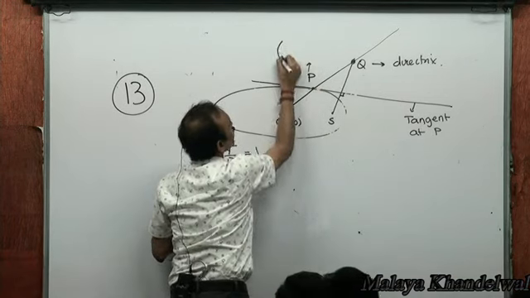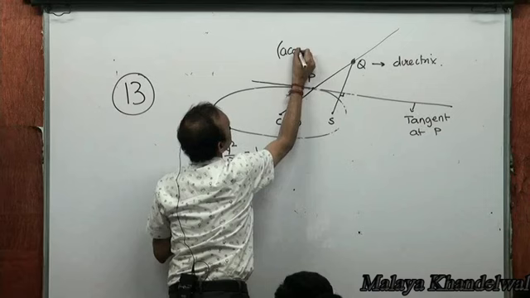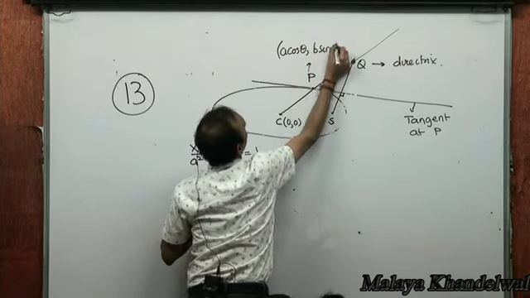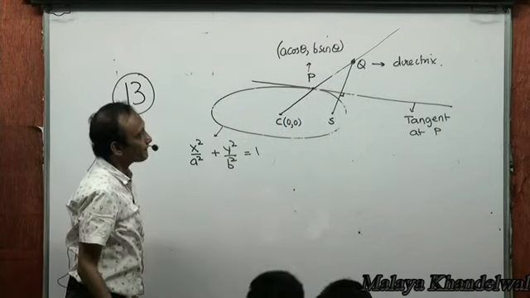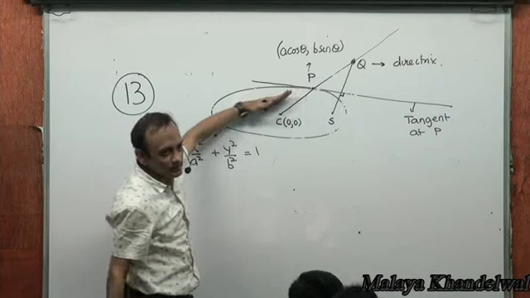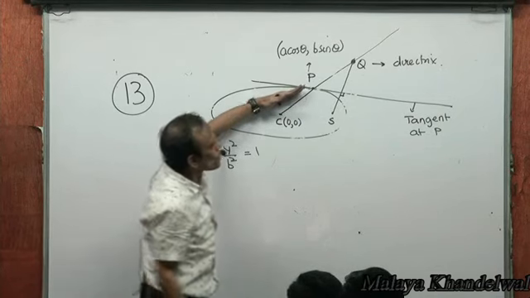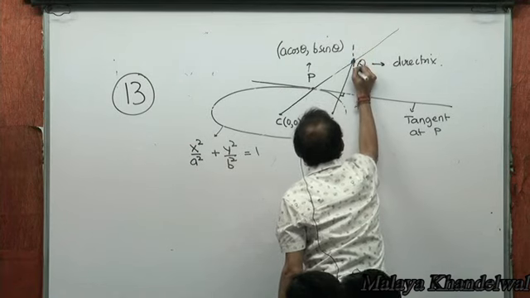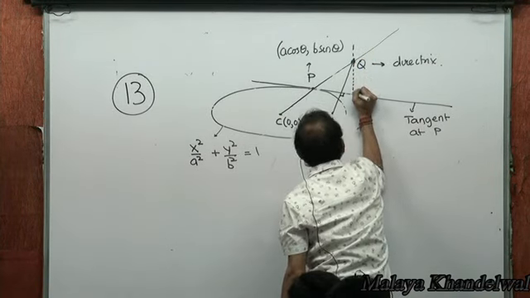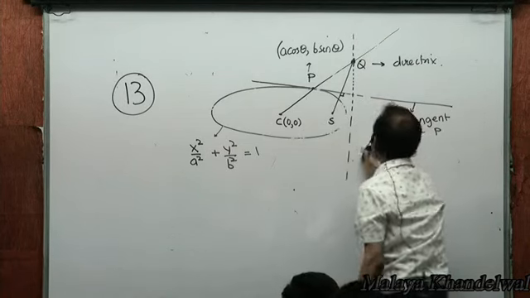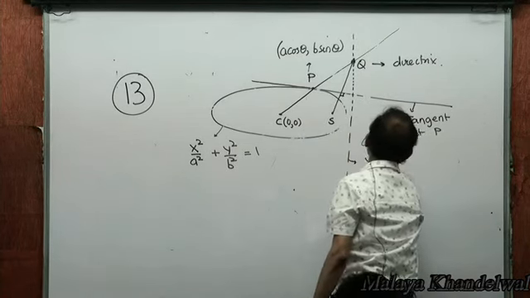This point P has coordinates a cos theta, b sin theta, right? Let me join CP. Let me say that the intersection of the directrix with CP is Q. Let's say this is the directrix, which is x equal to a by e.